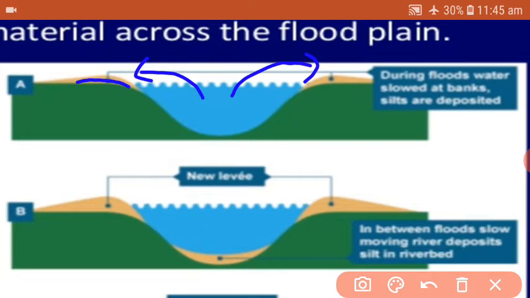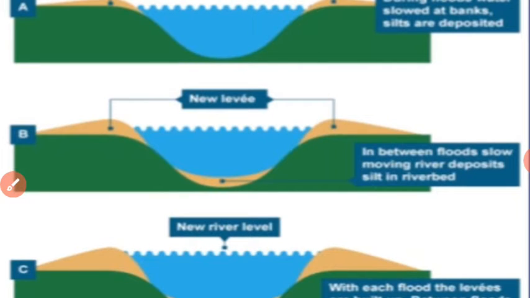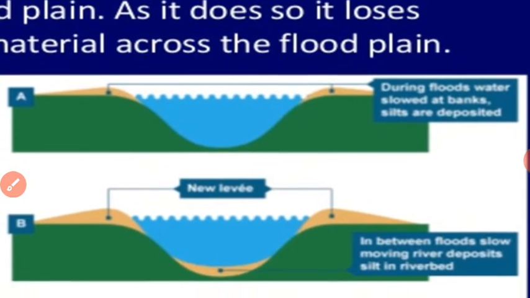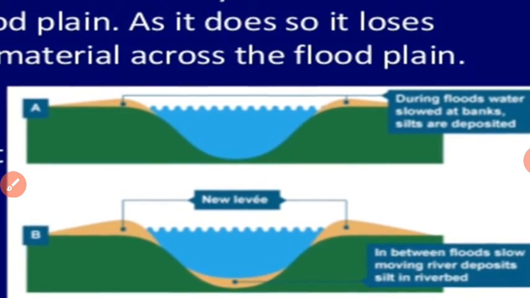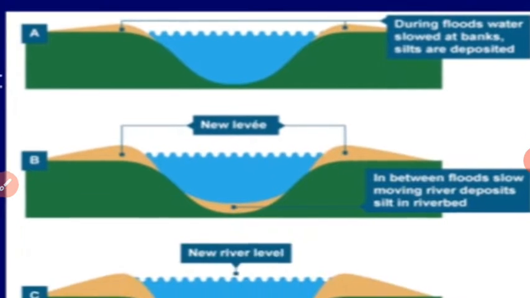Here you can find some upliftment with figure A. Next, figure B: in between floods, slow moving water deposits silt in the riverbed. So this second figure itself says that there is deposition in this particular part. As you can see here also there is deposition, and this new part has increased. You can compare figure A and figure B.